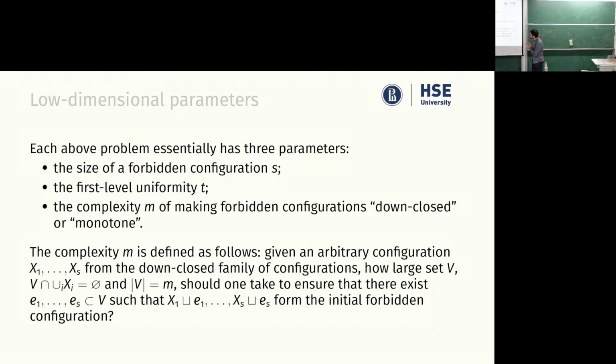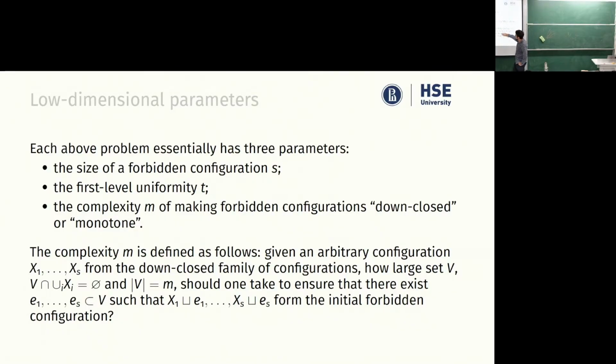And each of the above problems has essentially three parameters. So the size of the forbidden configuration S, it is S for the sunflower problem, and the number of edges in the hypergraph for the hypergraph extension forbidden problem.